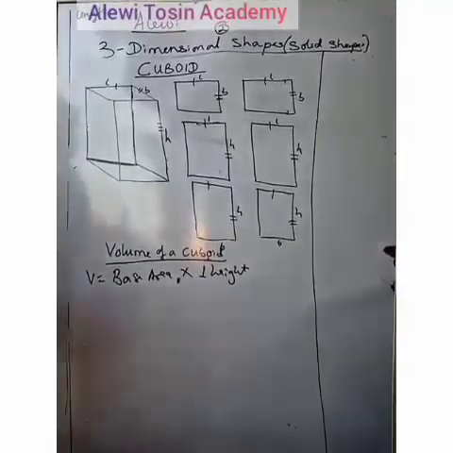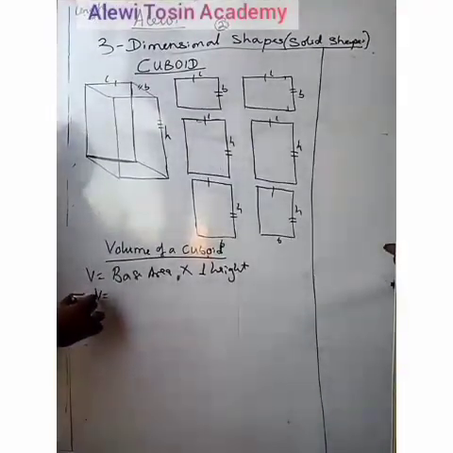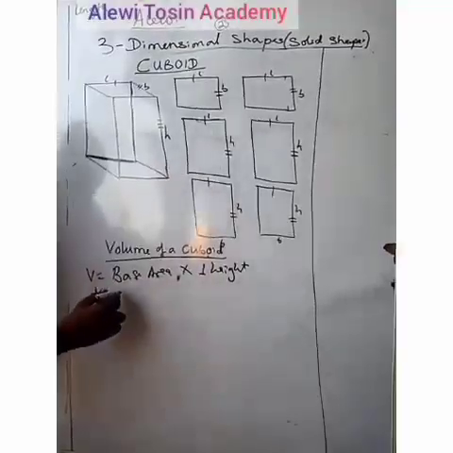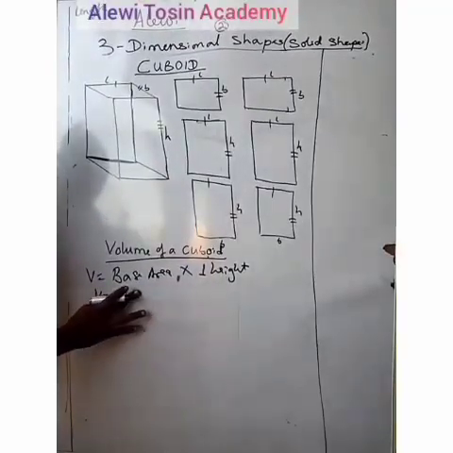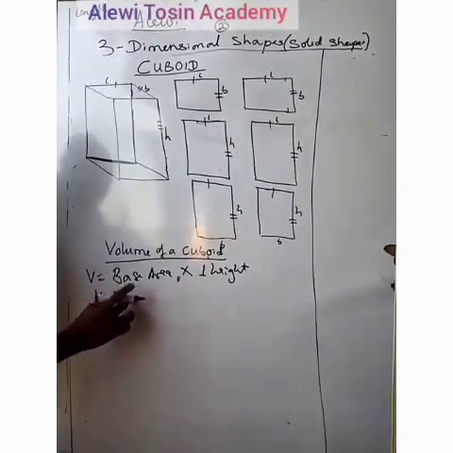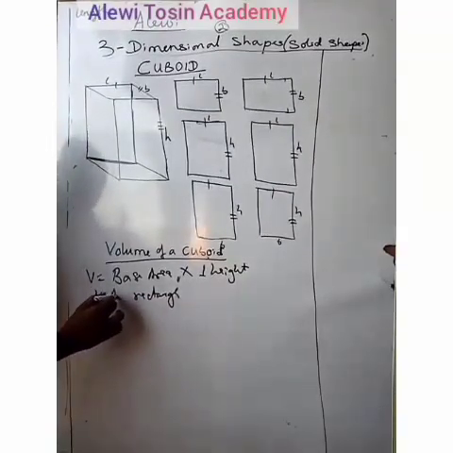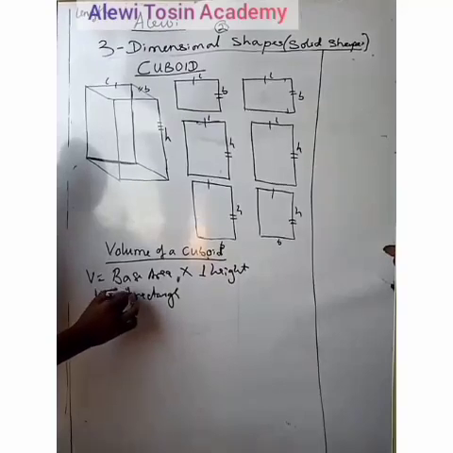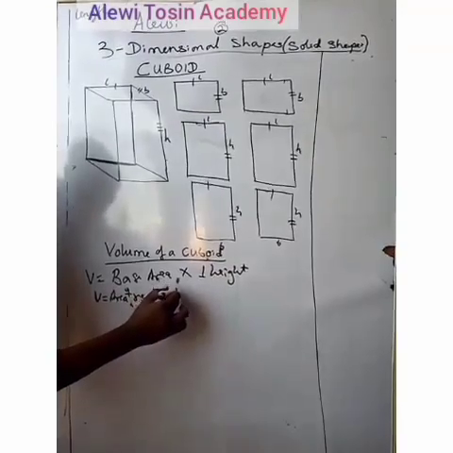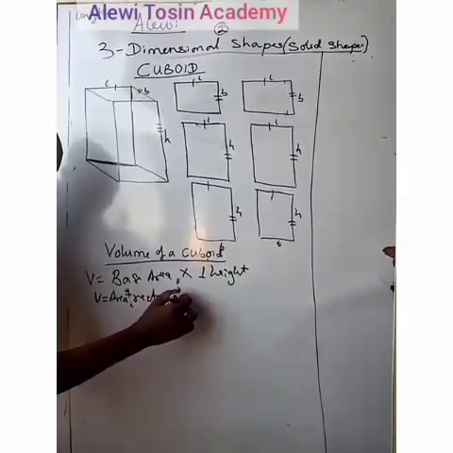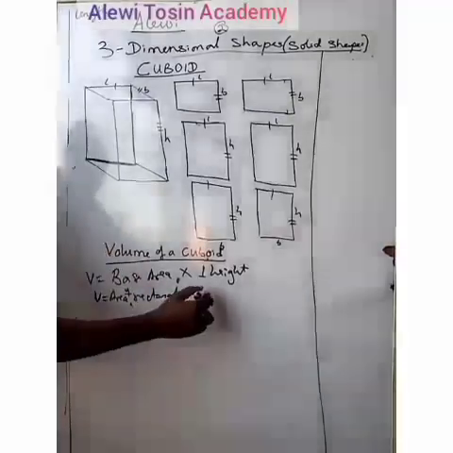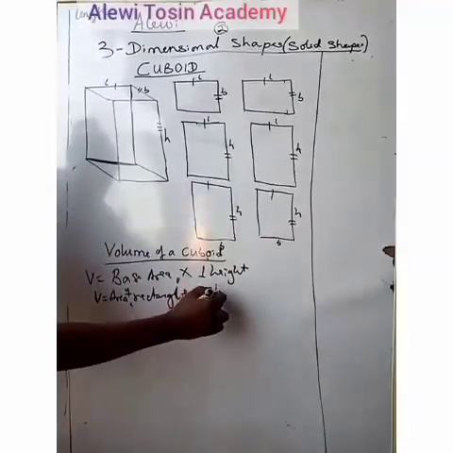Now, the base area of a cuboid is a what? A rectangle. So the volume is the area of the rectangle times what? Times the perpendicular height.